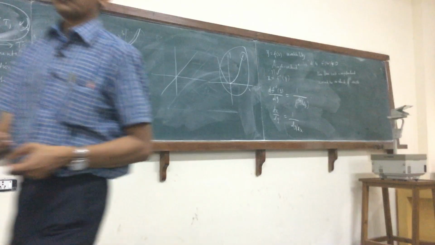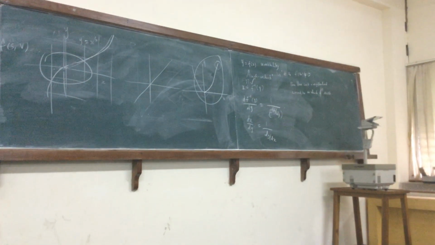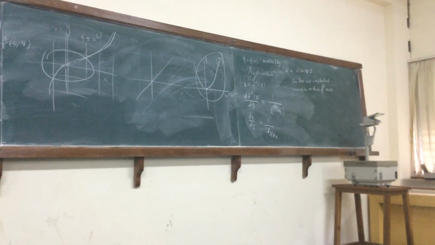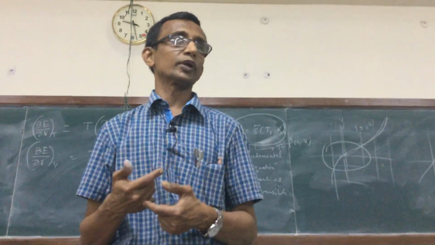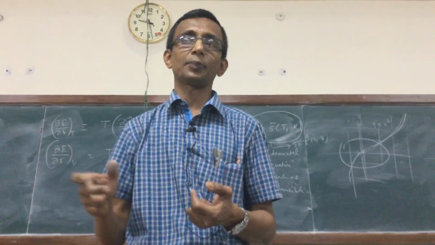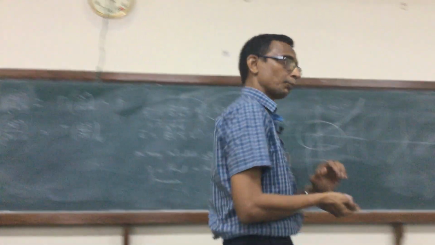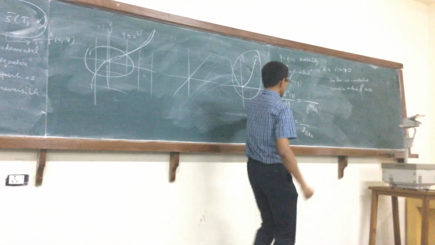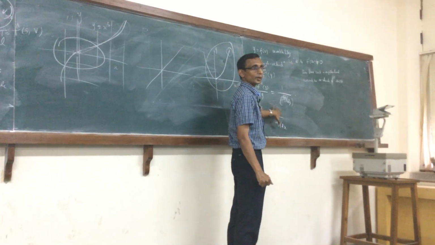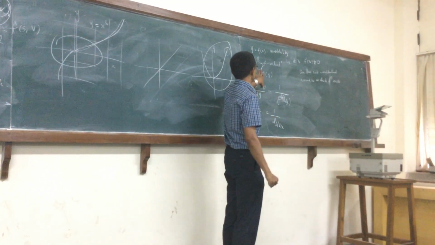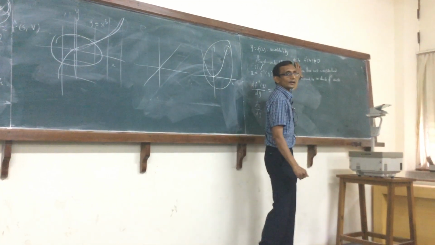And from that viewpoint, it looks quite obvious. It looks like we are dividing dx by dy, and obviously it should be 1 over dy divided by dx. But we know that the derivative is not some dy divided by dx. It's just a notation. So there is convenience, and it helps you remember the formula. You have to remember that this formula has no meaning unless the condition is satisfied.